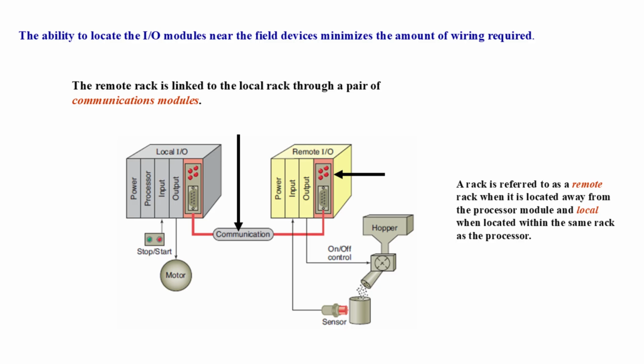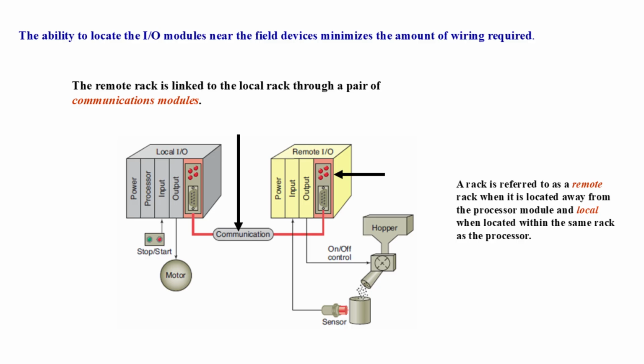These modules connect to nearby devices, like a motor controlled by a start/stop push button. On the right is a remote rack, which also contains input and output modules, but no processor. Instead, it communicates back to the processor in the local rack through the communication link shown in red. This remote rack is positioned closer to devices like sensors and actuators on a hopper system.